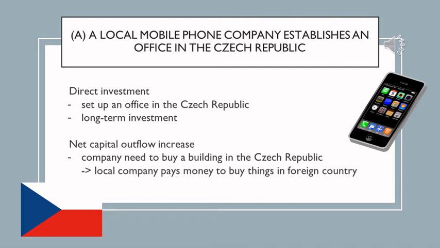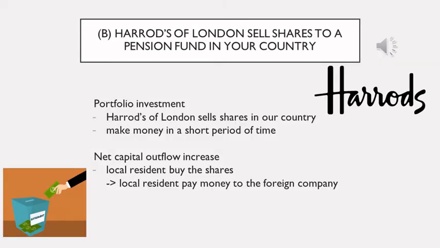The company cannot pull out of the investment in a short period of time. Also, in this situation, the local company needs to pay money to buy things in other countries for the establishment. So, the purchase of foreign assets by domestic residents has increased and makes the net capital outflow increase.